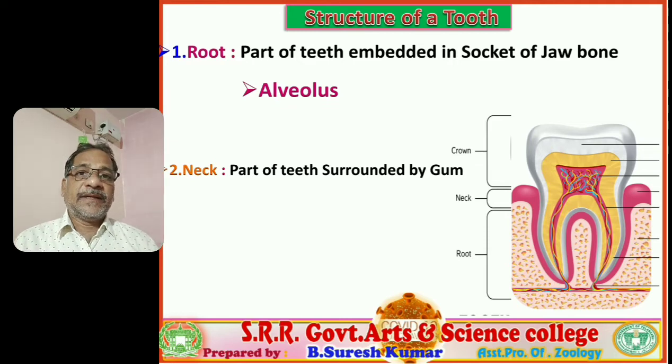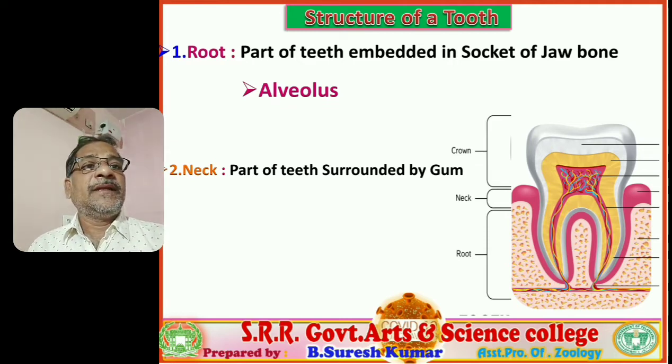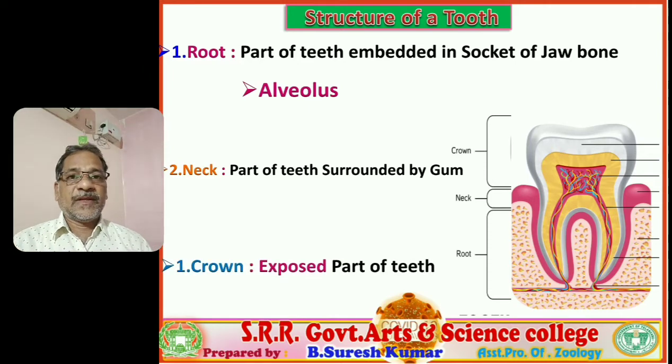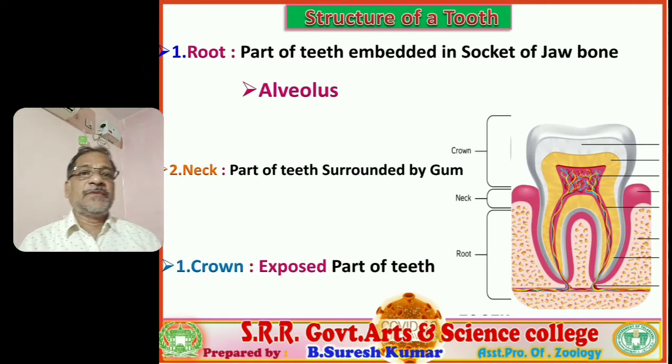And next, the neck. What is the neck? The part of the tooth that is surrounded by the gum or gingiva. Gums are also called gingiva. Whatever part of the tooth is covered by the gums is considered the neck. The third part is the crown.